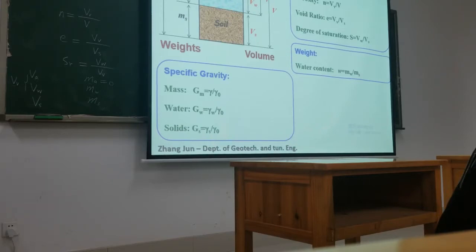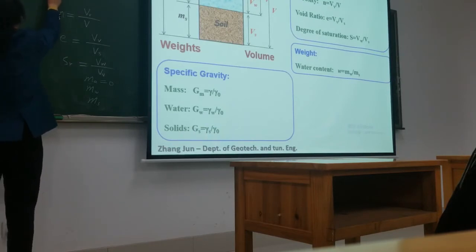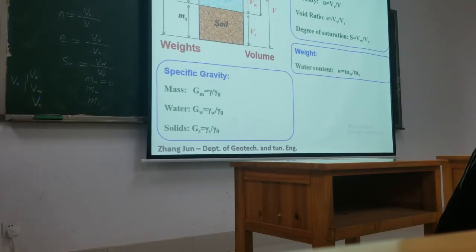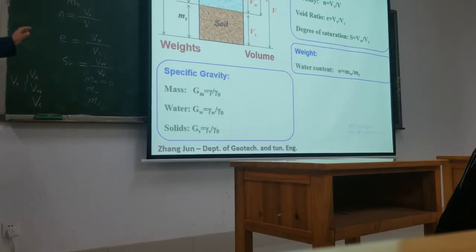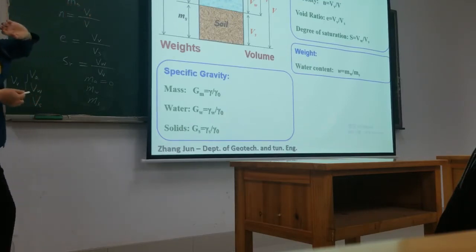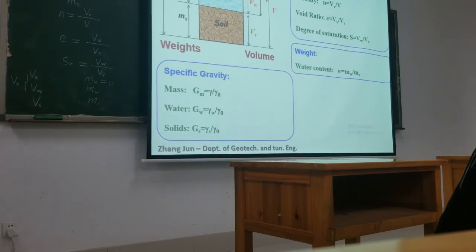And some parameters about weight. Water content, we use w. It means mass of water divided by mass of soil grain, not mass of soil.